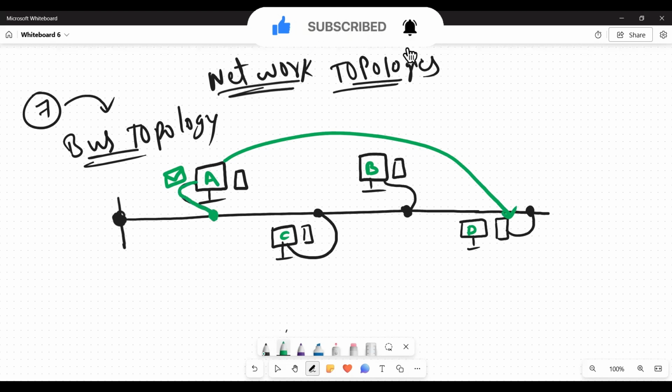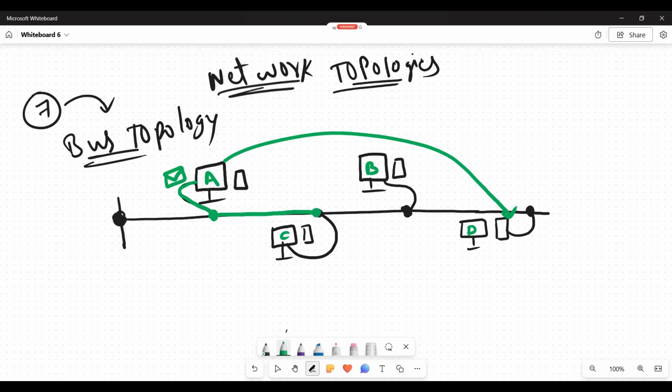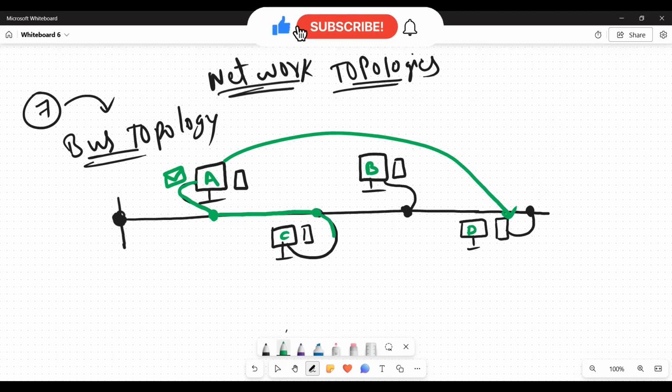From here, it will transfer to point C and ask whether this data belongs to you or not. And C will reject it: it does not belong to me, please go forward and ask someone else.